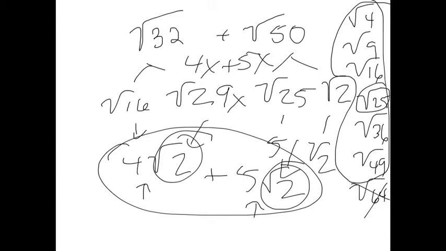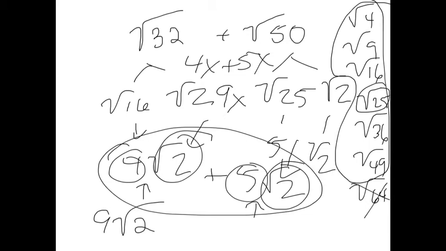And because in this case it is the same, you're going to add the coefficients, and I put those in quotes, but the numbers that are in front of the radicals, you're going to add them. And then whatever number is underneath the radical is going to come along for the ride.